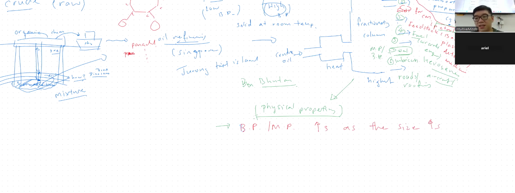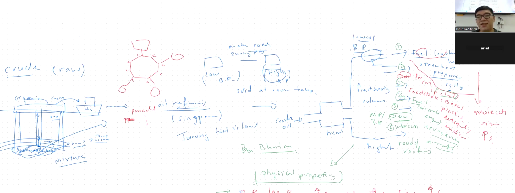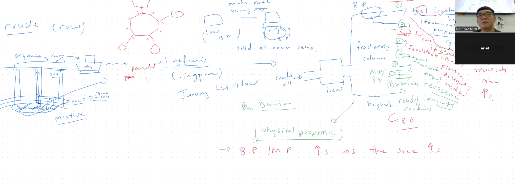So over here, the molecule size increases down the fractionating column. As you go down, molecular size increases. For example, methane is at the top, and at the bottom you could be looking at C80. Methane is one carbon, and the bottom is an 80 carbon chain. That is what they're referring to when it comes to molecular size.